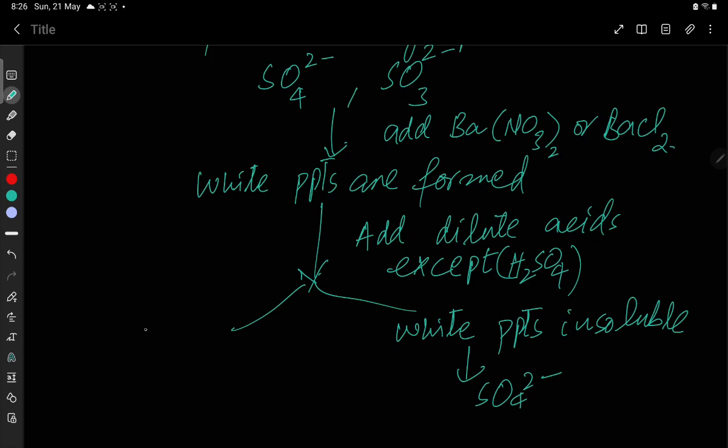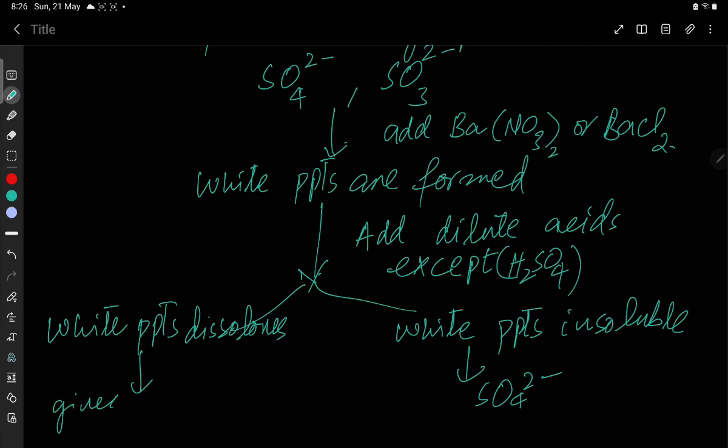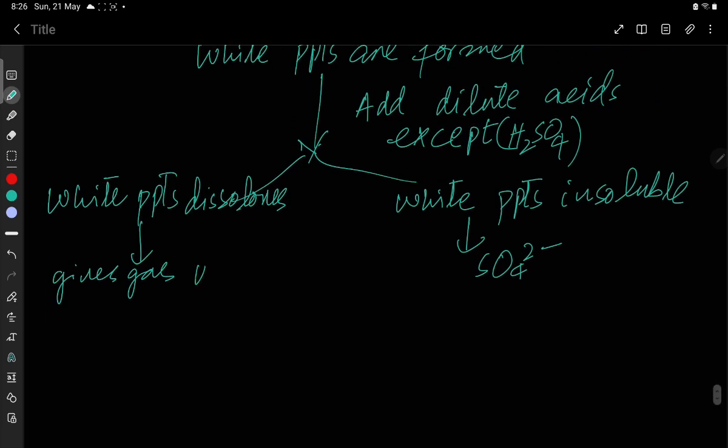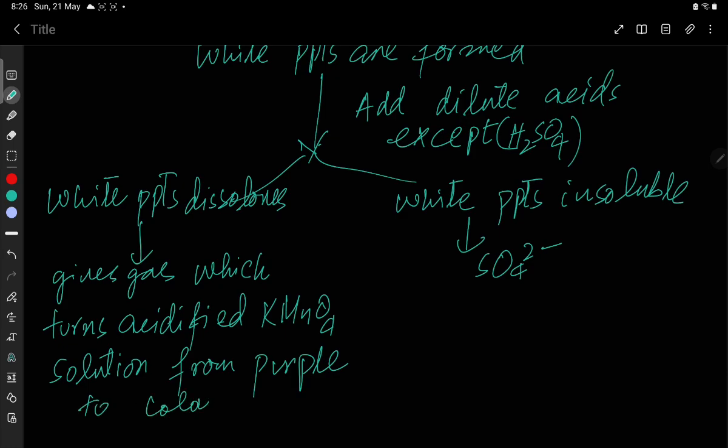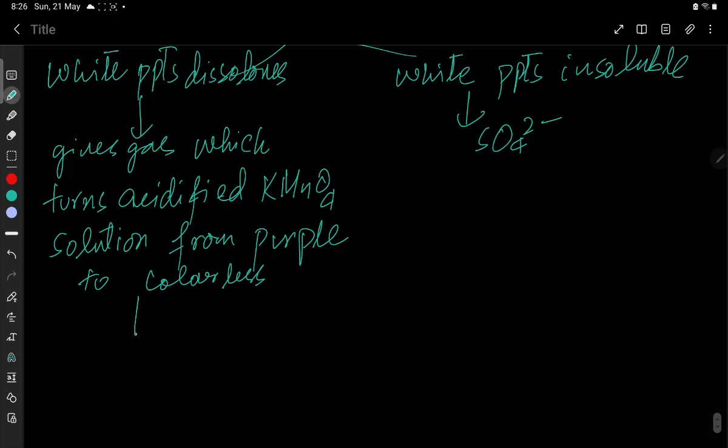And if the white precipitate dissolves and it gives a gas which turns acidified potassium manganate solution from purple to colorless, then it contains sulfite ions.